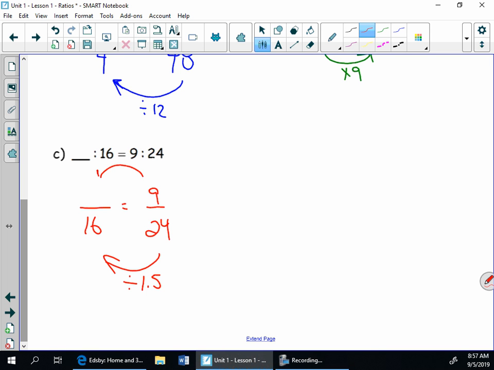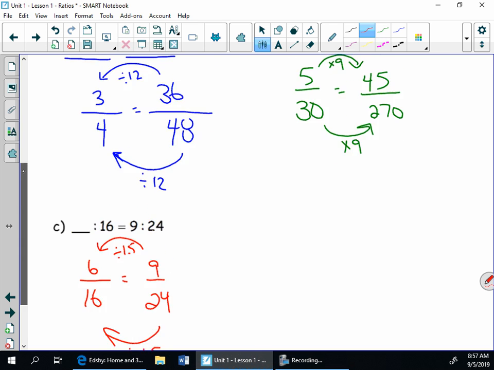I gotta turn a 9 into something divided by 1.5. Gives me 6. Need my calculator for that one, right? These are decimals. That's going to happen sometimes. Not a big deal. And notice my arrows point the same way, so I did the same operation.